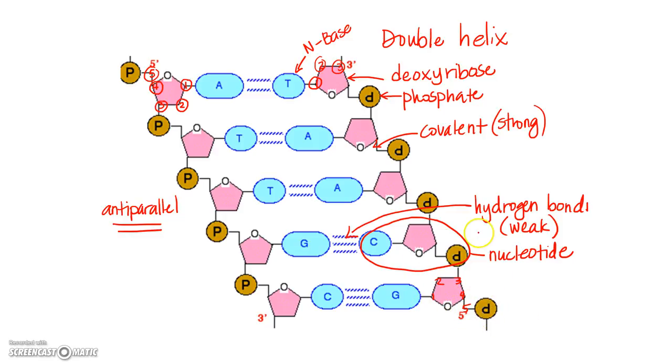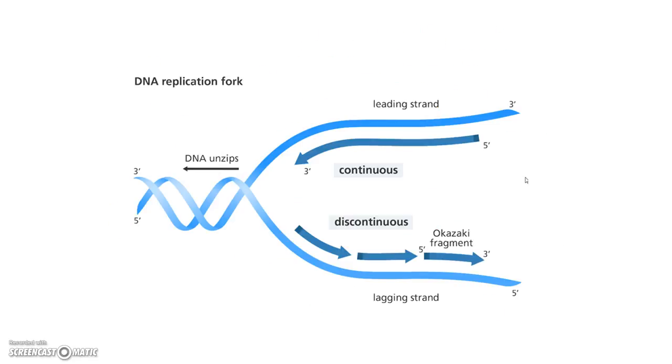So that's why we have to name these sides, because they're slightly different and they go opposite directions. Now you might not know why that means something right now, but it's going to mean something later when we replicate this DNA. All right, so just hang on to that information. There's a 3' end and a 5' end, okay? Let's move on. All right, so now you see this 3', 5' stuff again, okay?